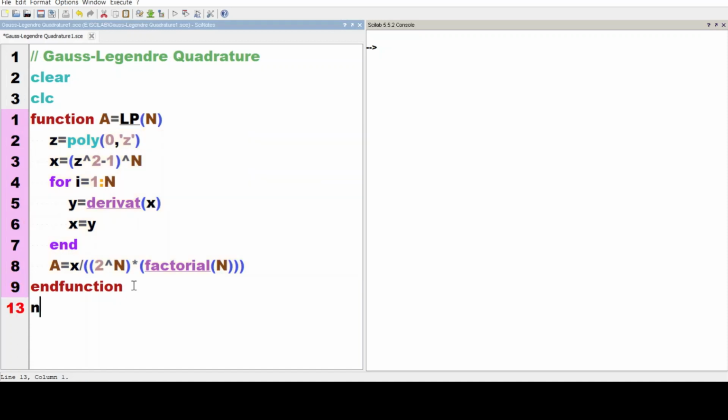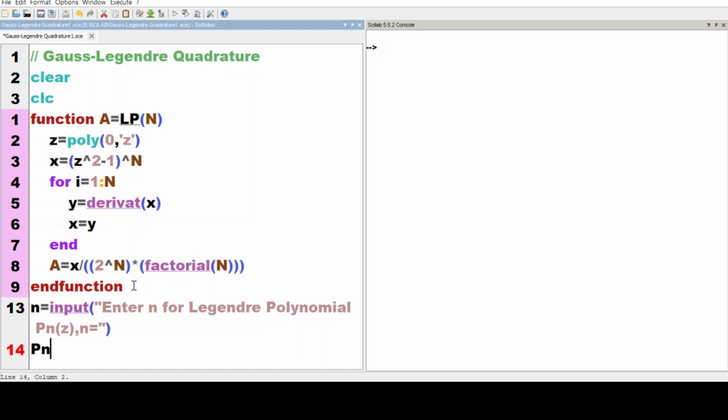Now we write n is equal to input, and we write enter N for Legendre polynomial Pn of z, n is equal to.